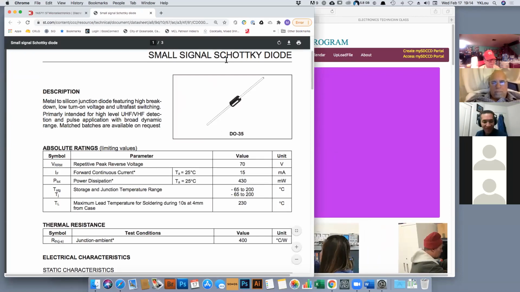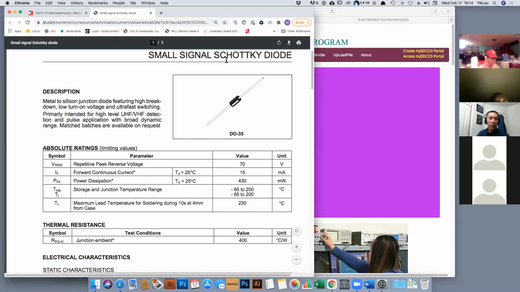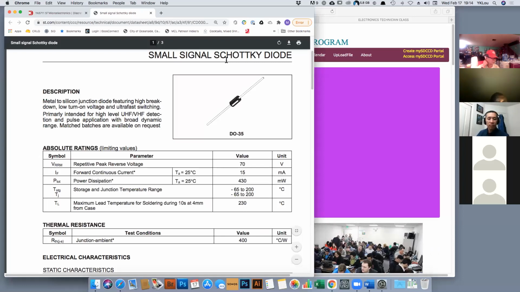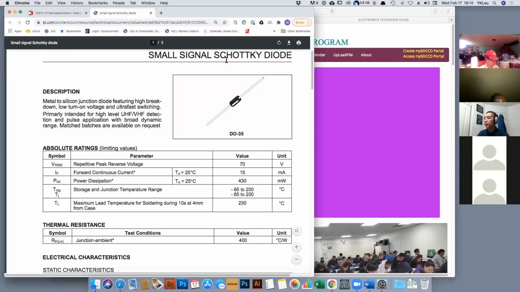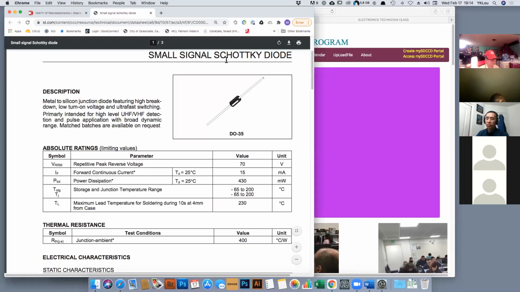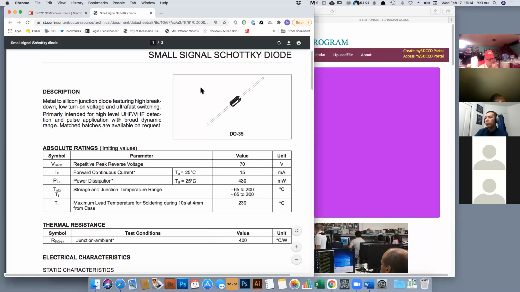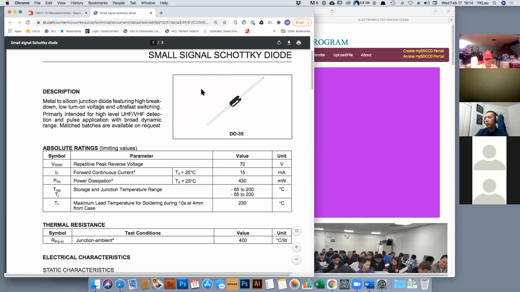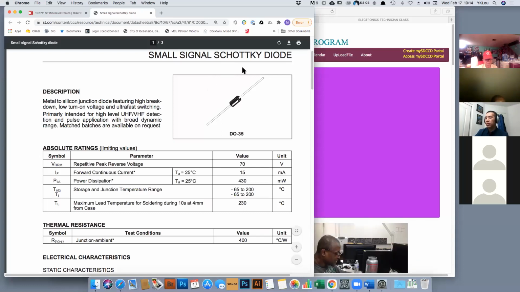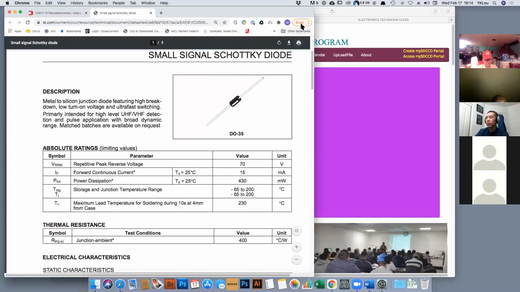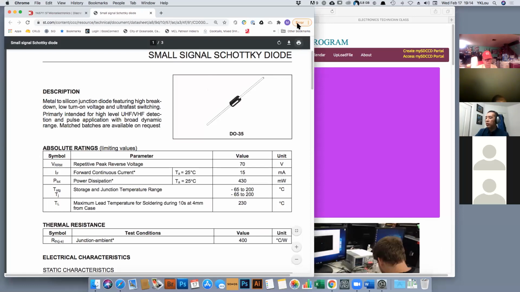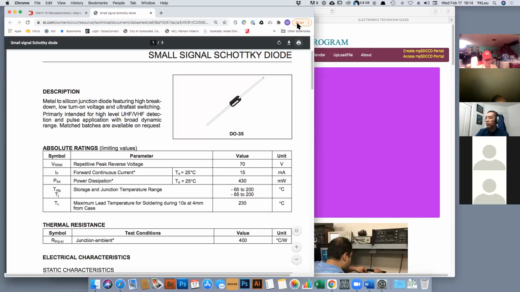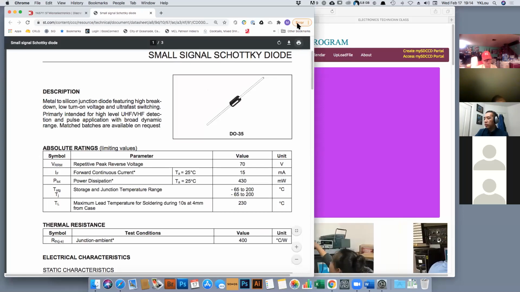If you read the description in the upper left-hand corner, it tells you it's a metal-to-silicon junction diode featuring high breakdown, low turn-on voltage, and ultra-fast switching. So this one, you just use as a regular diode. Yeah, that's normal. Okay, all right, thank you.